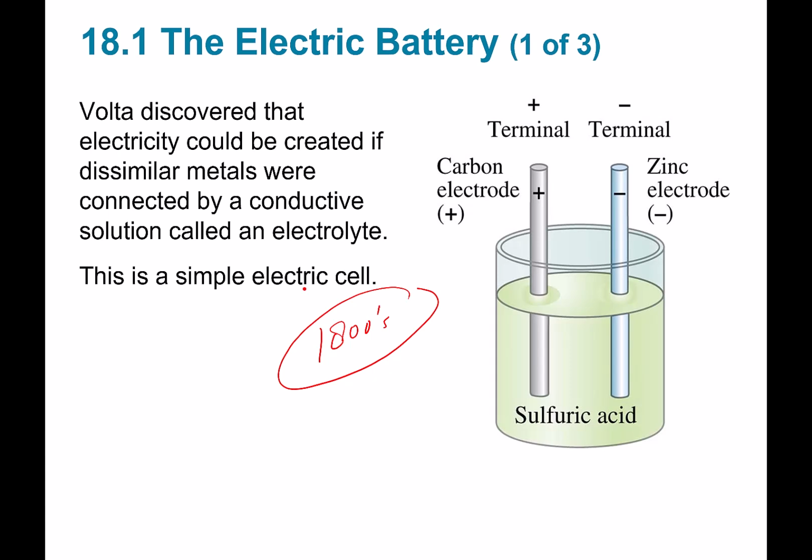So this is a sample of an electrical cell. A battery is when many cells are combined together. A battery produces electricity by transforming chemical energy into electrical energy. The chemical energy, due to the reaction between the zinc electrode and the sulfuric acid, produces transfer of electrons from one terminal to the other, and hence there is a difference in potential.